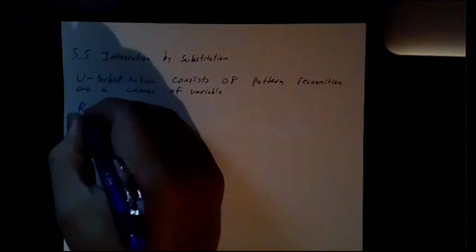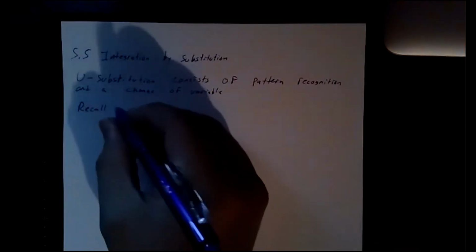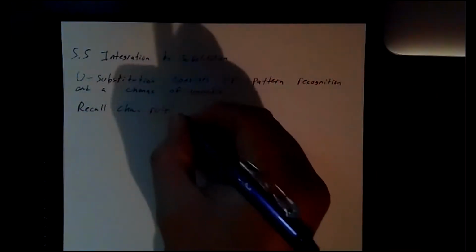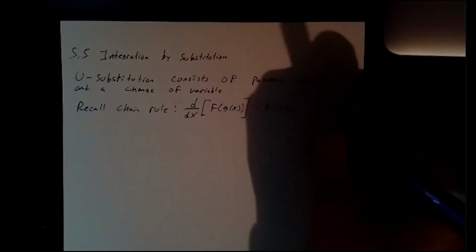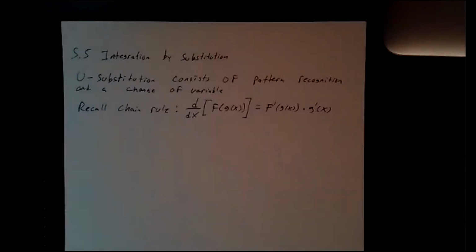But before we get to the new technique, let's recall the chain rule. The chain rule is needed when you have a function composed with another function. If you were to take a derivative of a function f with a function g composed inside, the formula tells you to take the derivative of the outside and leave the inside alone, and then multiply by the derivative of the inside. That's what you had to do.